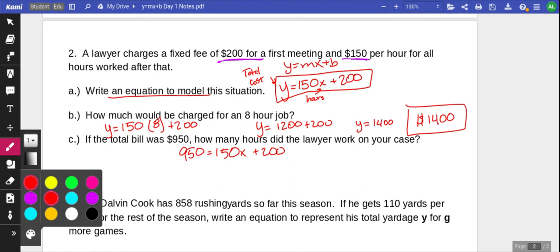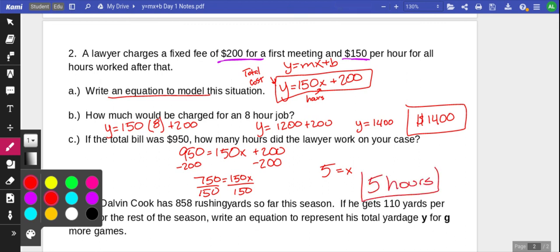We're solving for X, the hours. I'm going to subtract 200 from both sides. I get 750 equals 150x. Divide out that 150, and 5 is equal to x. That's 5 hours.